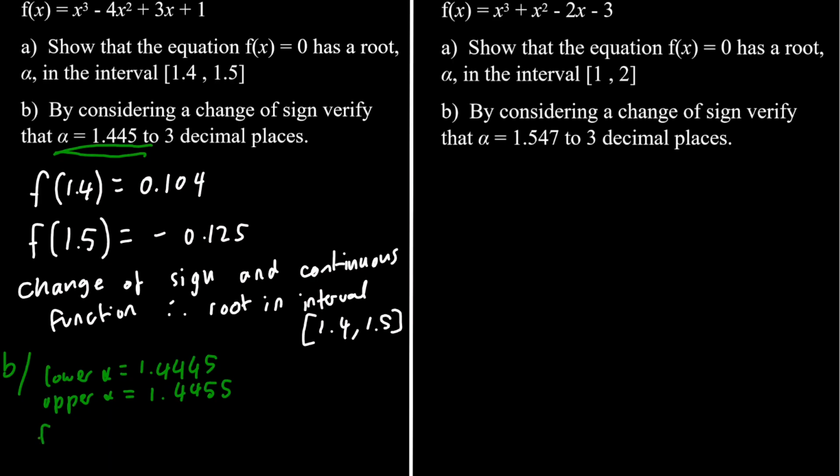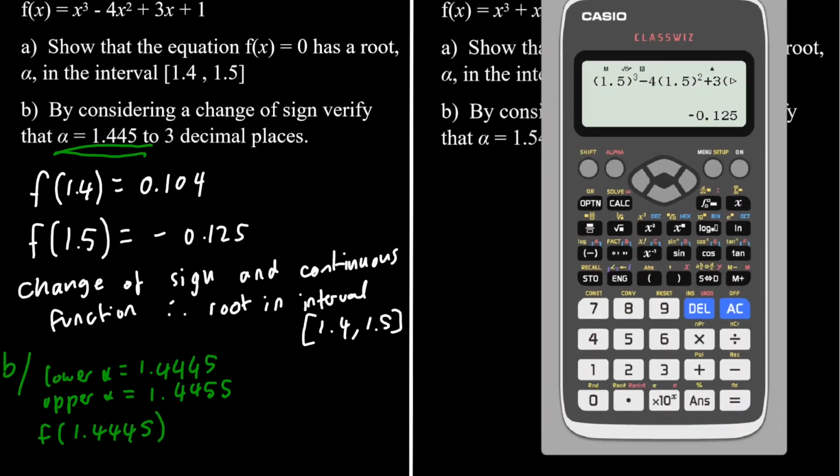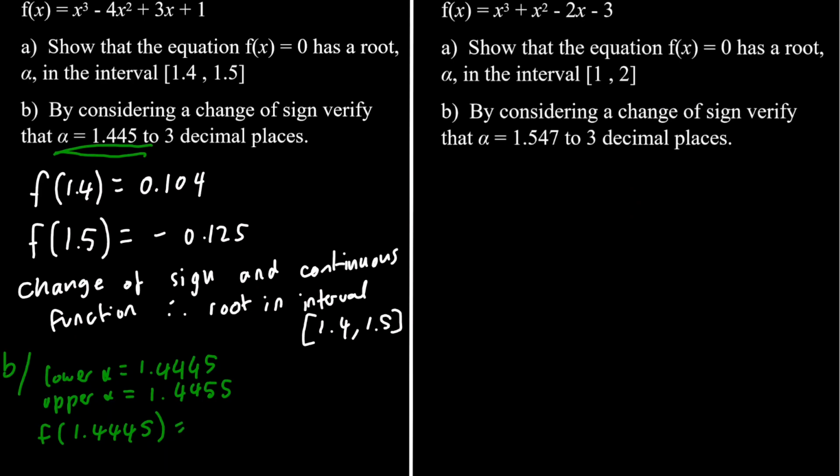So if we do f of 1.4445, substitute it in, and we get a positive 1.2 times 10 to the power of negative 3.